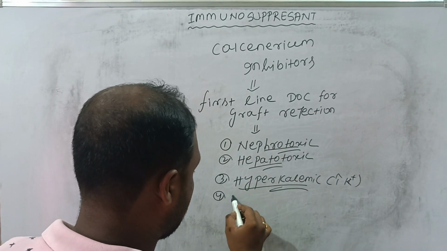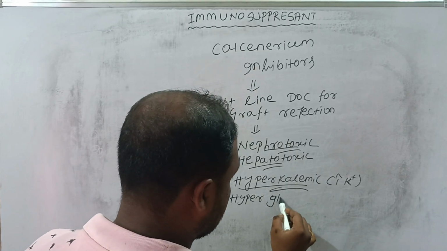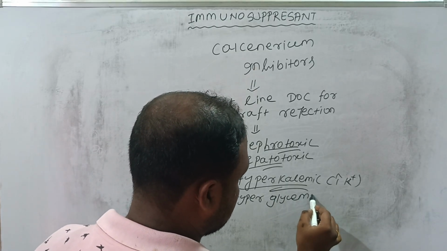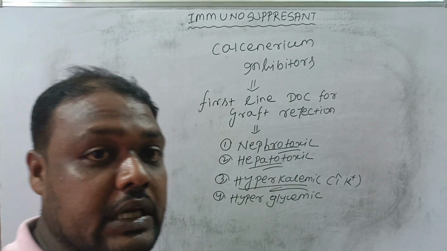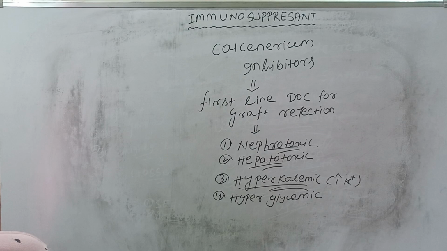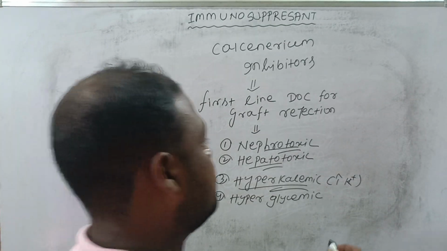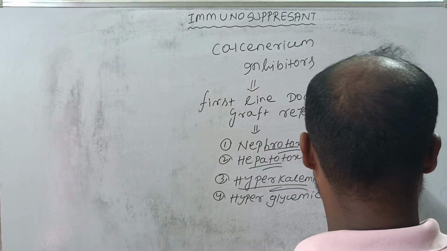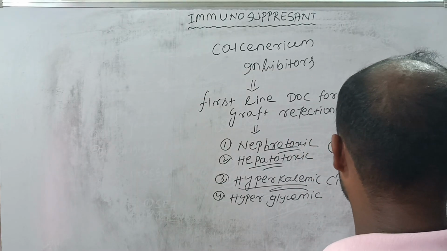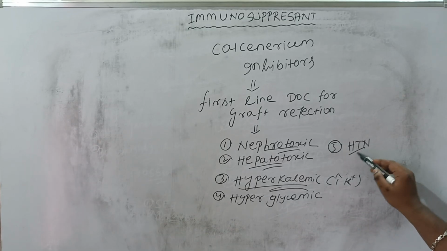Then hyperglycemic means increased glucose level. Then the fifth one is STN.